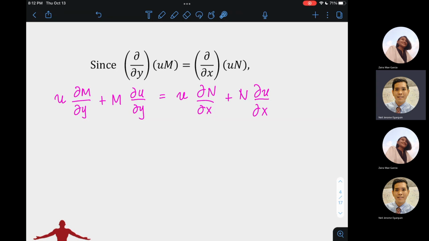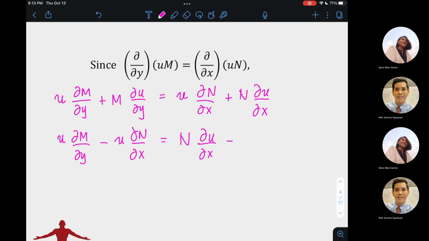So I will have U partial ni M with respect to Y minus U partial ni N with respect to X ay magiging equal sa N partial ni U with respect to X minus, or baliktad yata yung lalabas mamaya. But anyway, eventually we'll end up with the same thing, so minus M partial ni U with respect to Y.